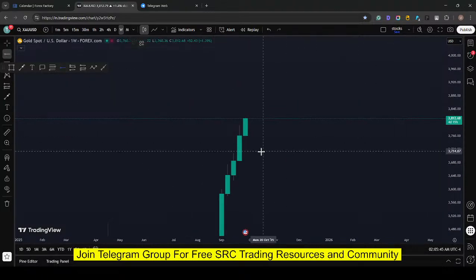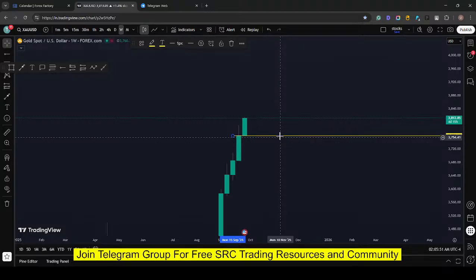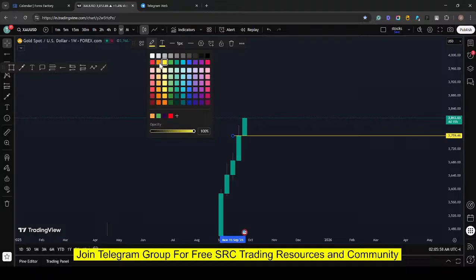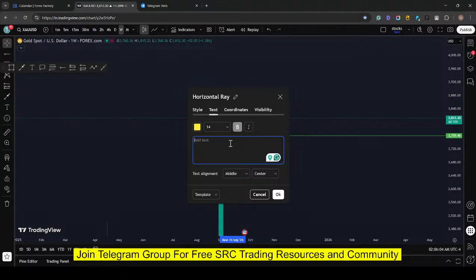So let me mark the zone. This is my weekly open and it will be my daily open. So I mark like this, right? I decide my bias from the higher time frame, and I like to mark my levels the way I'm marking right now.